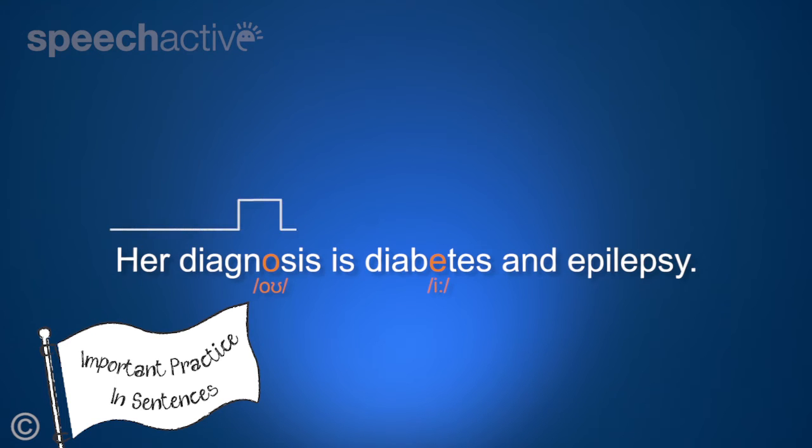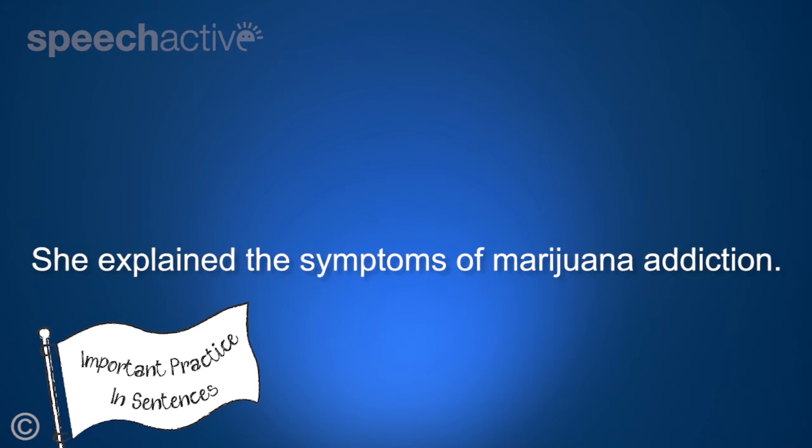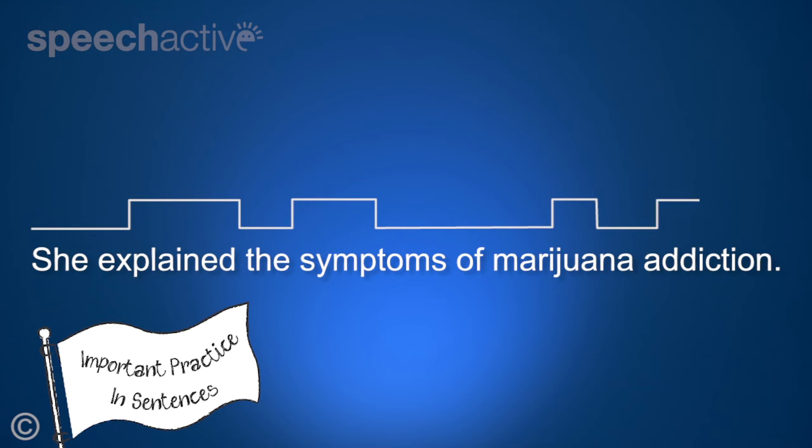Her diagnosis is diabetes and epilepsy. Explained. Symptoms: marijuana, addiction. She explained the symptoms of marijuana addiction.